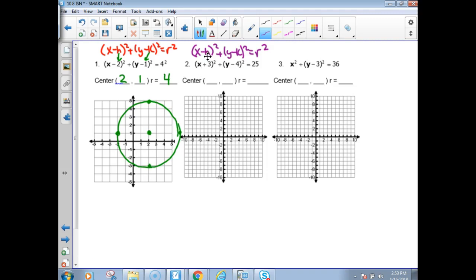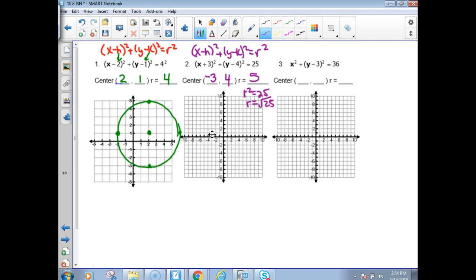You would actually have to put a negative there, okay? Because subtracting a negative gives you a positive. So whenever it says plus, it's the opposite of the sign that you think it is. So this would be negative 3 for the h. The k, it does say minus 4, so k is 4. We got r squared equals 25. So you take the square root of 25 to get r, and that would be 5.